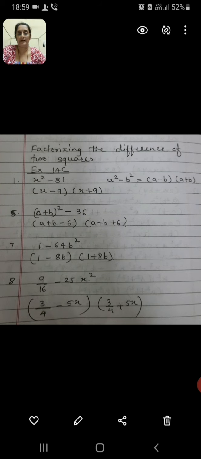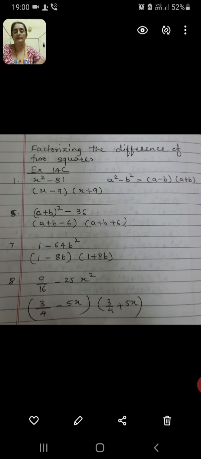So 1 minus 8b, 1 plus 8b. Fine. The same way we are going to do the next sum, that is the 8th sum, 9 upon 16 minus 25x square. So root of the first term is 3 upon 4, and 25x square's root is 5x. So 3 upon 4 minus 5x, 3 upon 4 plus 5x.